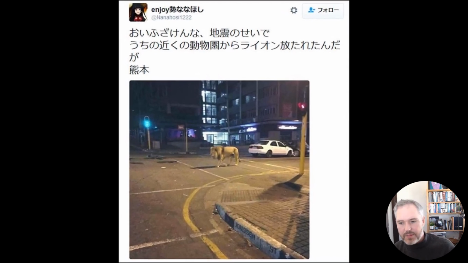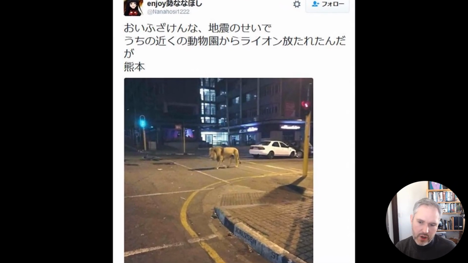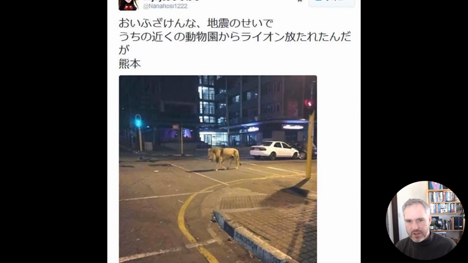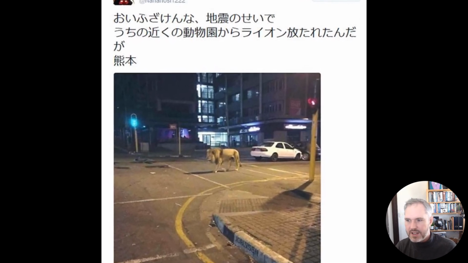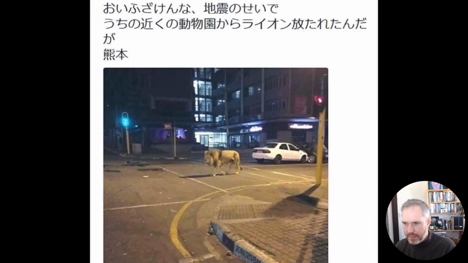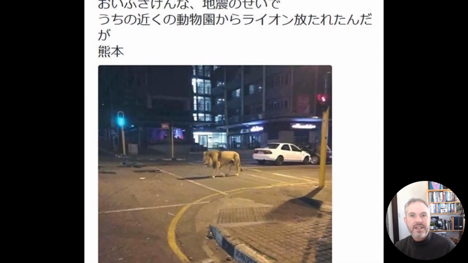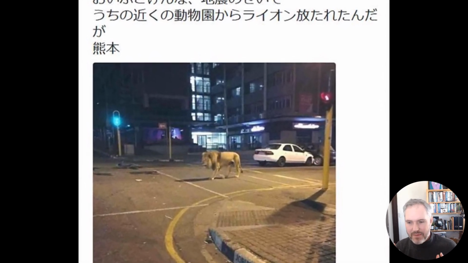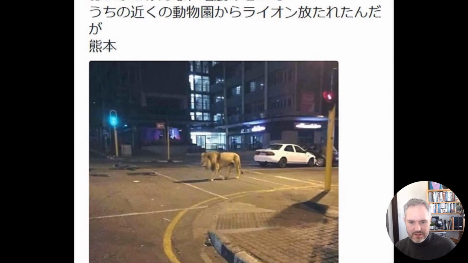As you know from our lesson on internet trolls, the person who tweeted this back in 2016, a boy named, I've forgotten his name, Kazuki Sato. Kazuki Sato posted this claiming that there was a lion escaped after the Kumamoto earthquake in 2016.